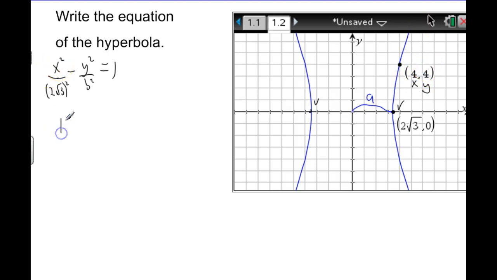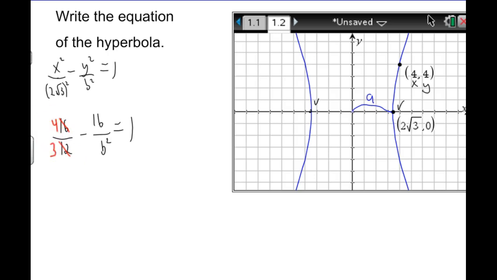So this would be 4 squared, or 16, minus 16 equals 1 over b squared. And let's see, 2 root 3 squared would be 2 squared, which is 4, and square root of 3 squared, which is 3. 4 times 3 is 12. Let's see, does that simplify? 4 goes into that, 4 over 3.